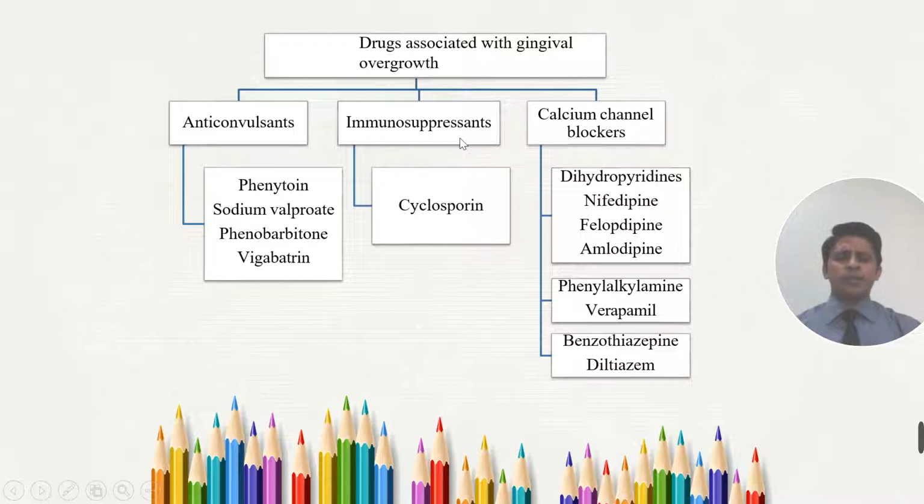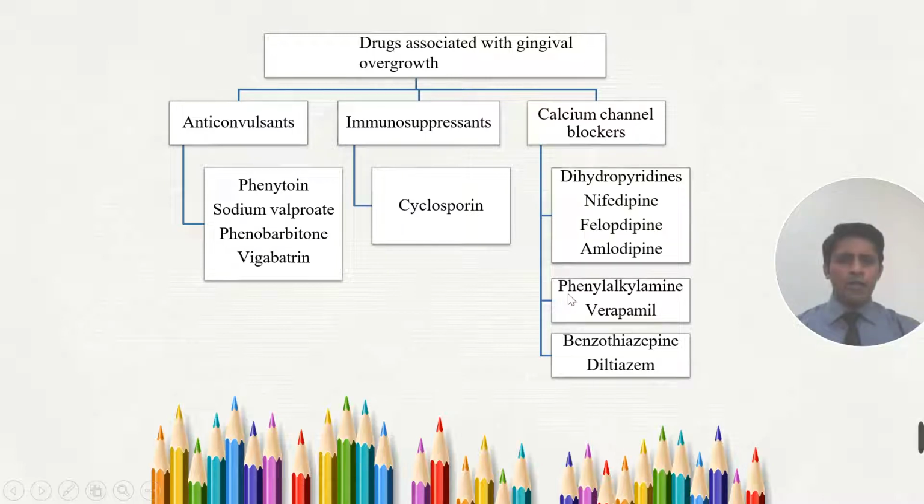The immunosuppressant drug mainly given in organ transplant patients that causes gingival enlargement is cyclosporin. The calcium channel blockers are given in hypertensive patients, and those which cause gingival enlargement are dihydropyridines: nifedipine, felodipine, amlodipine.